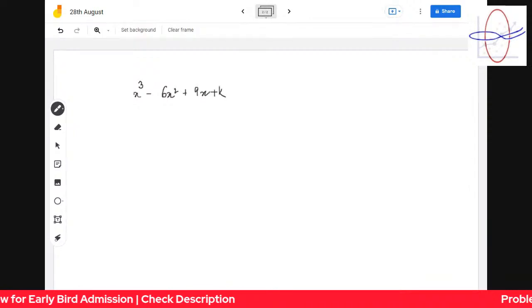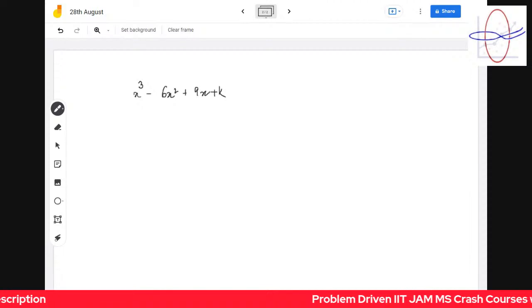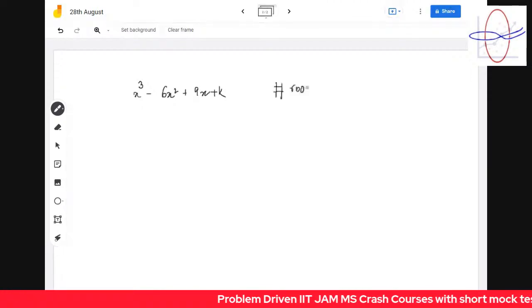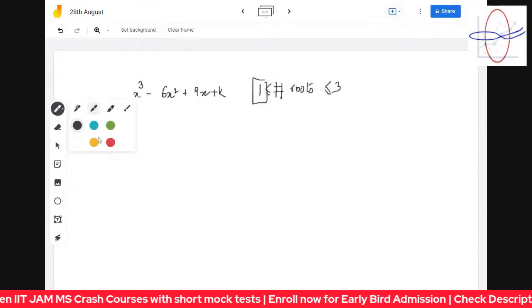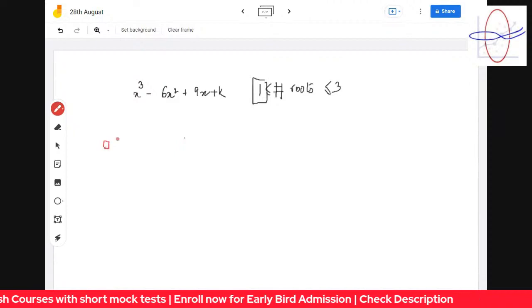So this is the cubic polynomial, and we know that the number of roots is at most 3 and greater than or equal to 1, because we are using something called the intermediate value property.